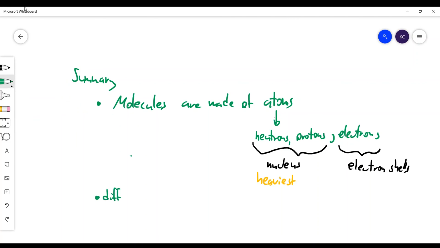So, different proton number means different elements. And we are adding the elements to the periodic table by increasing proton number.